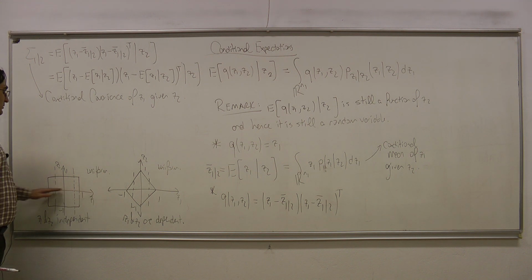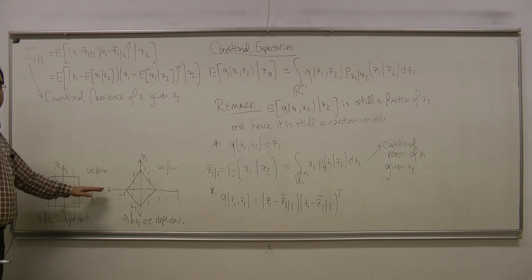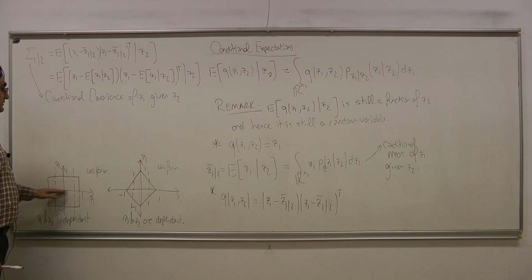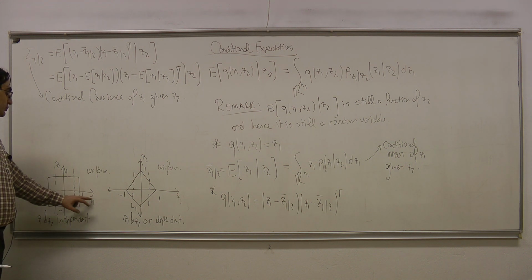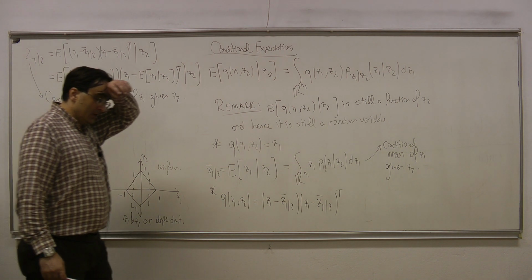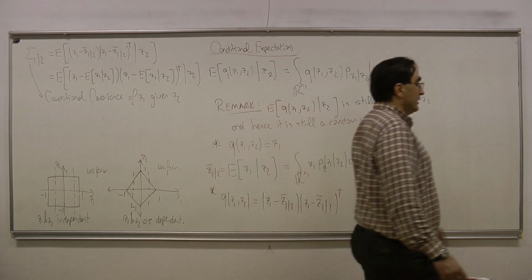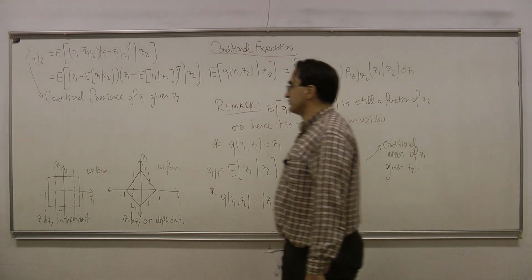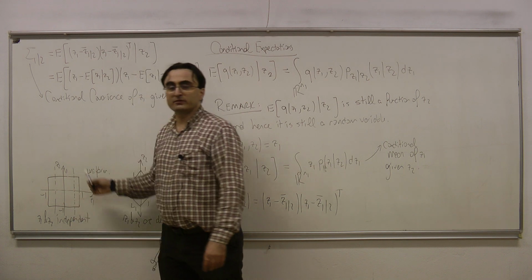So the conditional mean of z2 given z1 would be equal to 0, independent of the value of z1. What about the conditional variance? The uniform distribution would be the same and wouldn't depend on the z1 value, so the conditional variance would also be the same. But this is the result of the independence of z1 and z2 in this case.